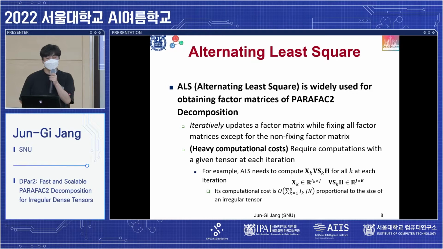But the main problem of ALS is that it requires heavy computational cost, since there are computations involved with a given tensor at each iteration. For example, ALS needs computations between a tensor and matrices for all k at each iteration, and its computational cost is proportional to the size of the given tensor.